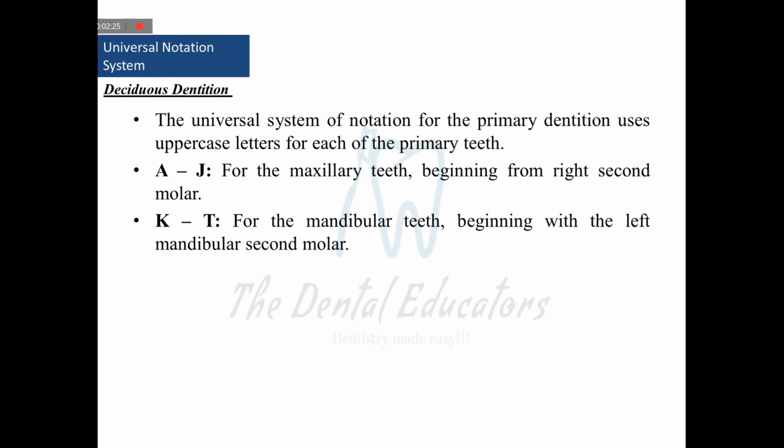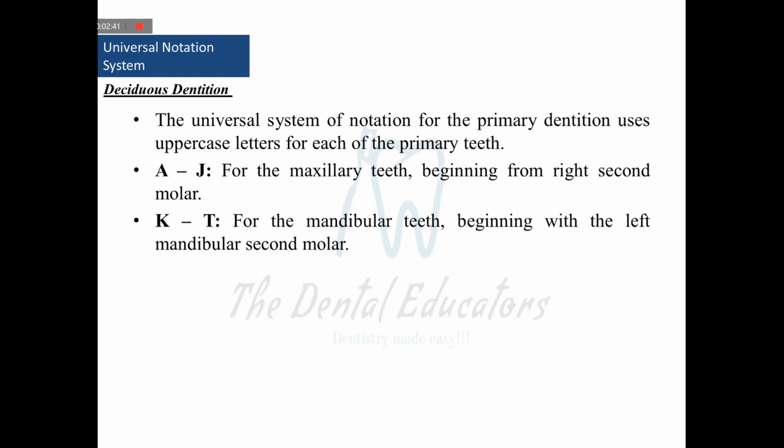So again we count the rest of the 10 alphabets, starting from K to T. That makes a total of 20 alphabets, corresponding to the 20 deciduous teeth in the primary dentition.